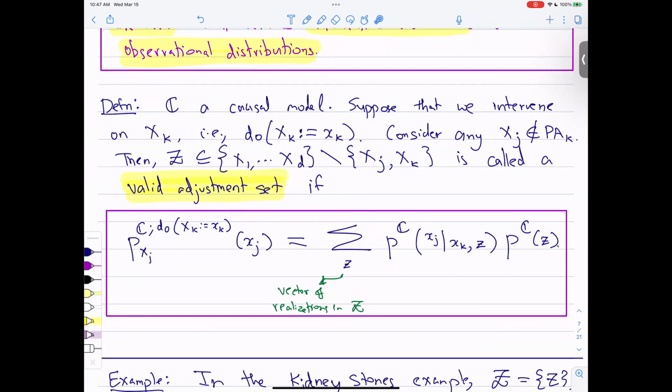So a collection of variables is called a valid adjustment set if the following holds. Look at the marginal on xj in the new world. That is equal to the sum over all z of the conditional of xj given xk and z, times the probability of z.